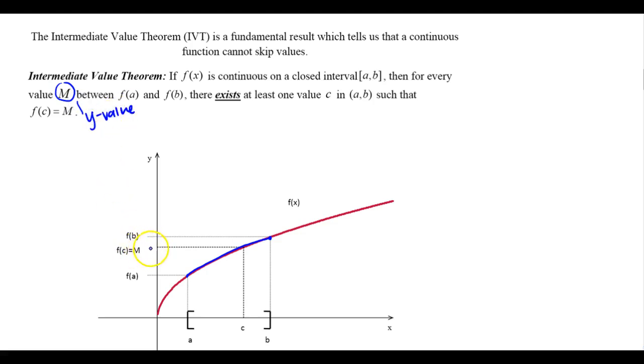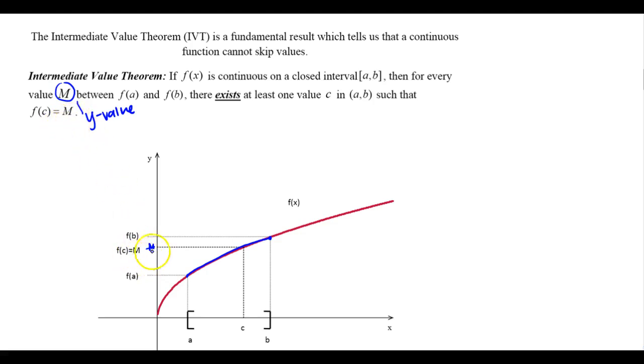So for any value m that I choose, let's go ahead and say m is going to be this point right here. The final part of the theorem says that there exists, and I'll talk about why the word exists is bold and underlined in a second, there exists at least one value c in the interval from a to b, and now this is an open interval, such that f of c equals m.